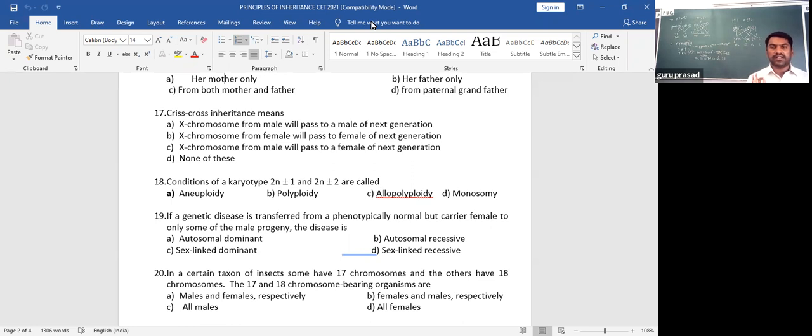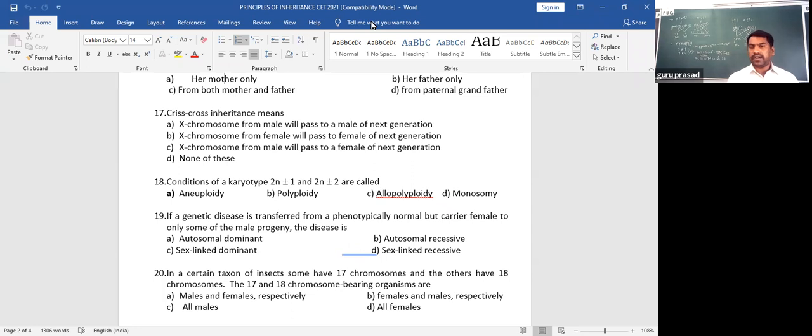That happened in the case of Queen Victoria, who was a carrier for hemophilia, as she received one of the defective X chromosomes from her father. Then she transferred that defective X chromosome with the hemophilic gene to her sons. That's why most of the sons of Queen Victoria died because of hemophilia.